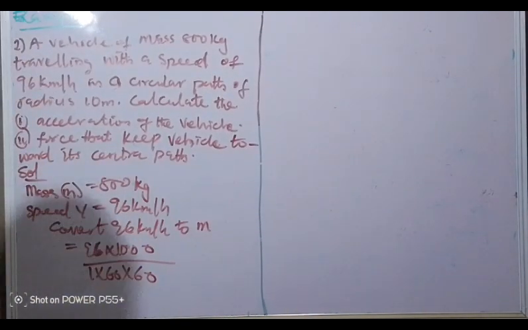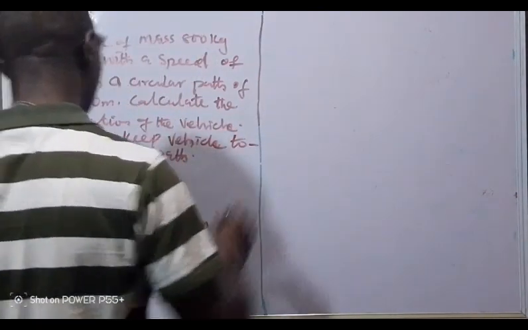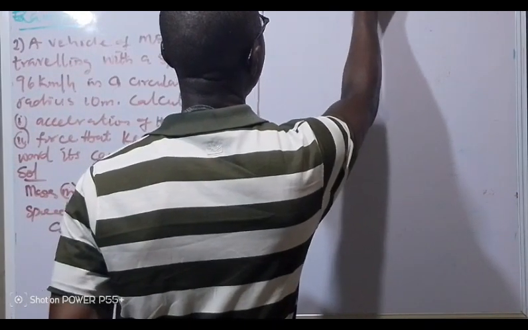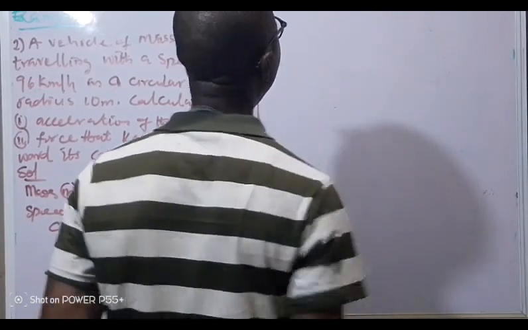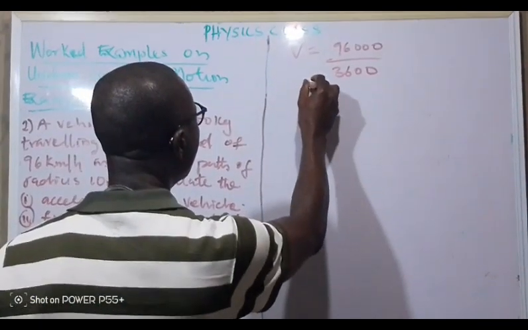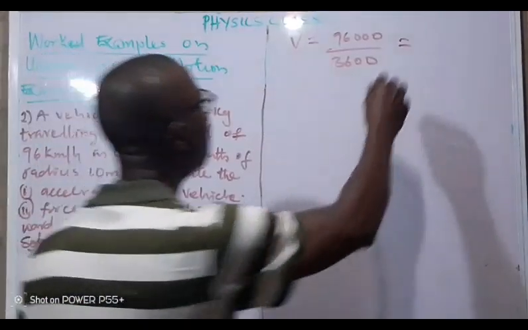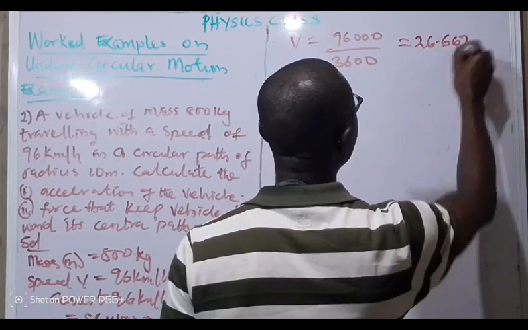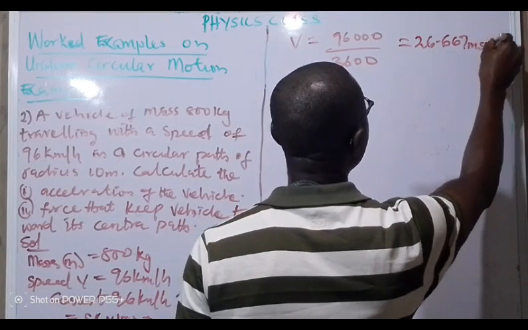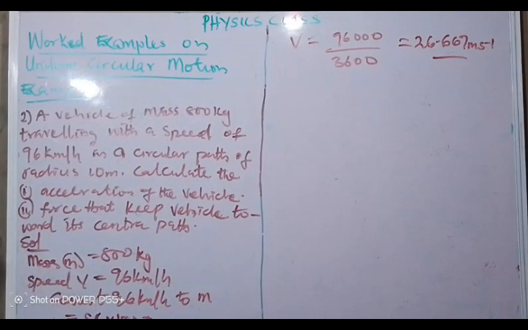So the speed in meter per second will give us 96,000 over 3600. And the answer to this will give us 26.667 meter per second, because the question is about linear speed, not angular speed.